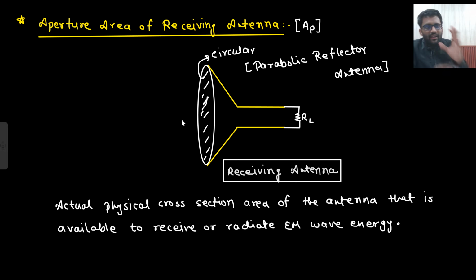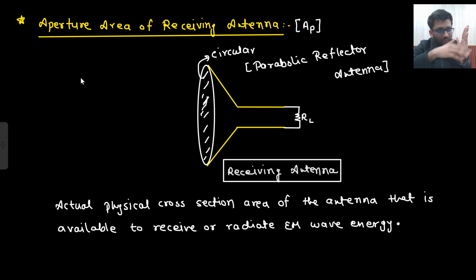Let us say this is the area of your receiving antenna. This complete area will not effectively absorb the radiated energy. Radiated energy would be coming, but the complete area will not be effectively absorbing it. Are you getting this point? Here, the energy distribution will not be the same.